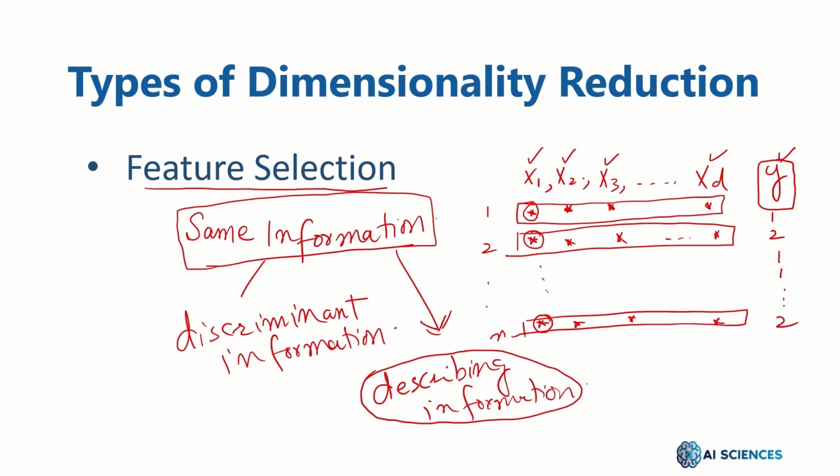That is possible if a lot of these features are highly correlated to each other, or some of those are truly redundant. So feature selection is a technique to select a subset of features out of all the features by keeping roughly the same amount of information. And the information might be the discriminant information, or the whole description that can describe the data set.